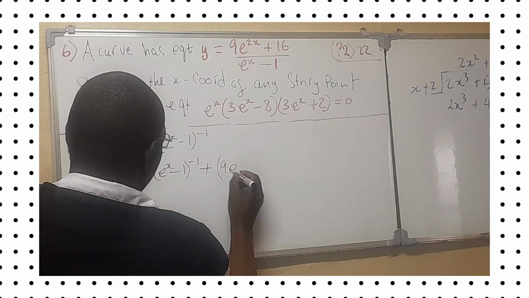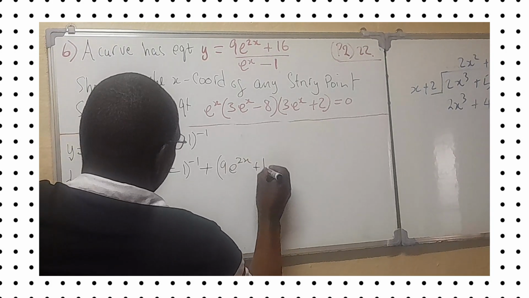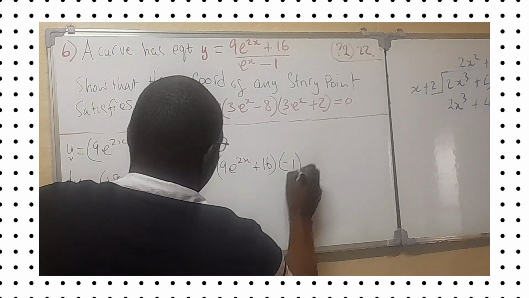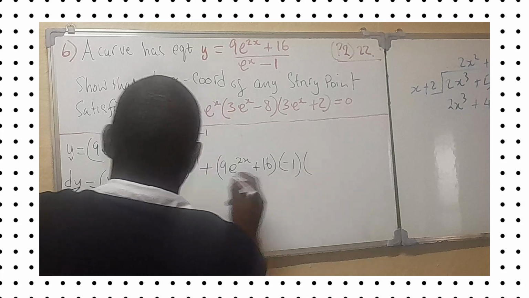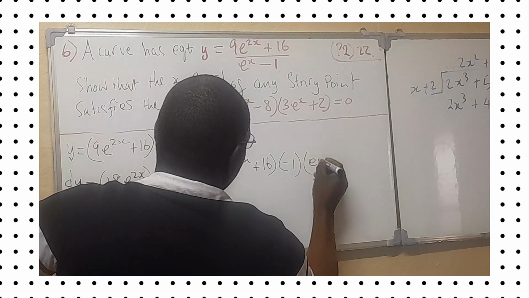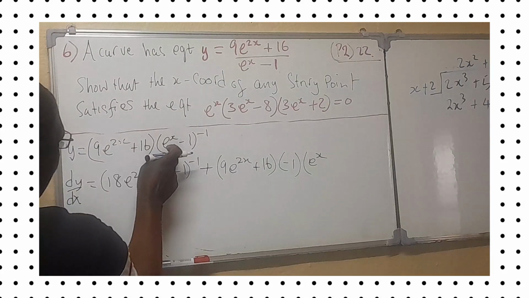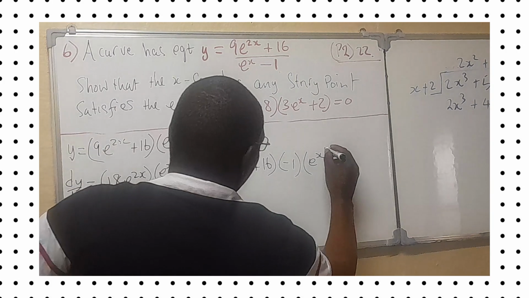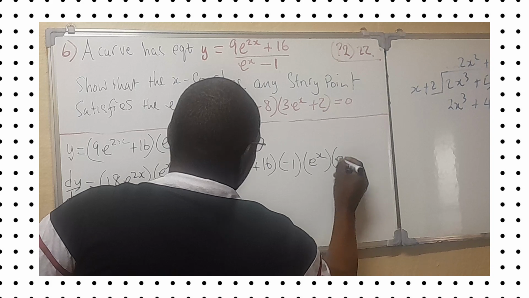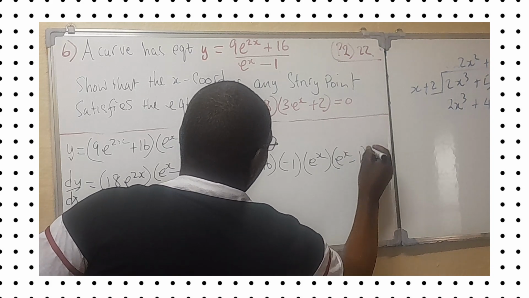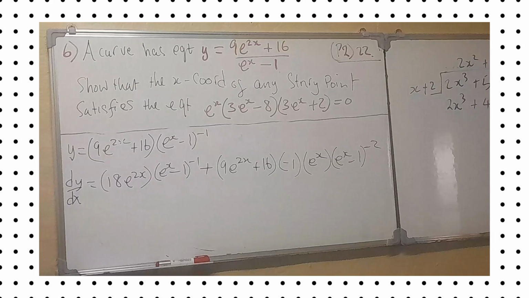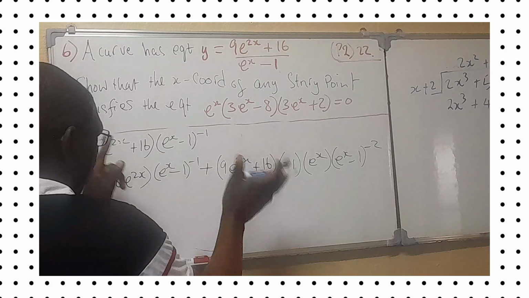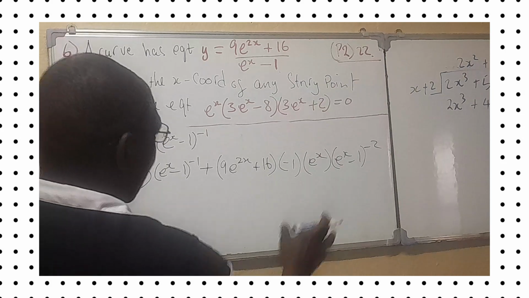So we are going to have a (9e^(2x) + 16) there. And then differentiate that. We have the power there, minus 1. Then our e^x here, because the derivative of what is inside here is just e^x. Then, of course, multiplied by (e^x - 1) now raised to the power minus 2. Okay, so now that we've done the differentiation, we can bring everybody down.